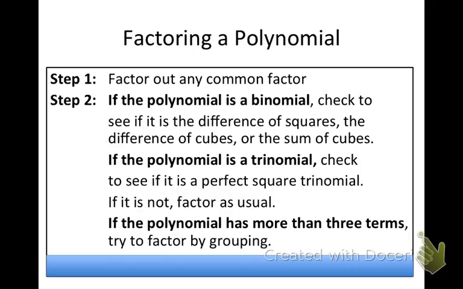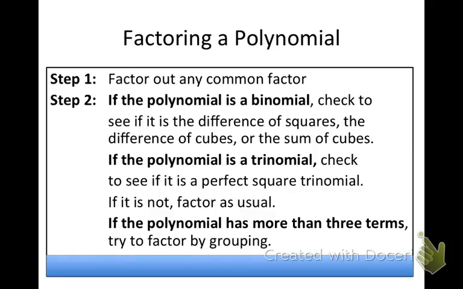If the polynomial has more than 3 terms, so if it has 4 terms, maybe even 5 terms, you're going to try factoring by grouping. You can group the first 2 together and the last 2 together and see if that works. If that doesn't work, then maybe try grouping 3 terms together and leaving 1 behind.